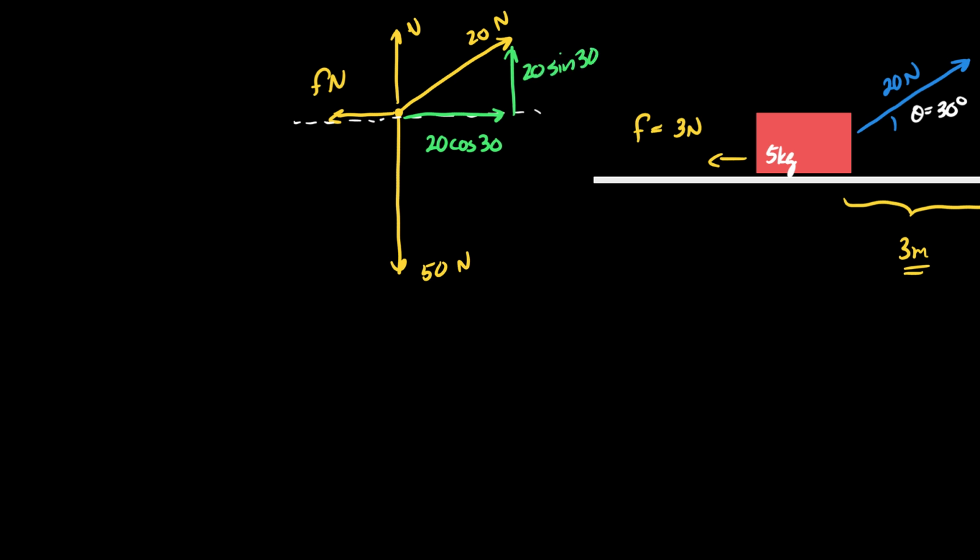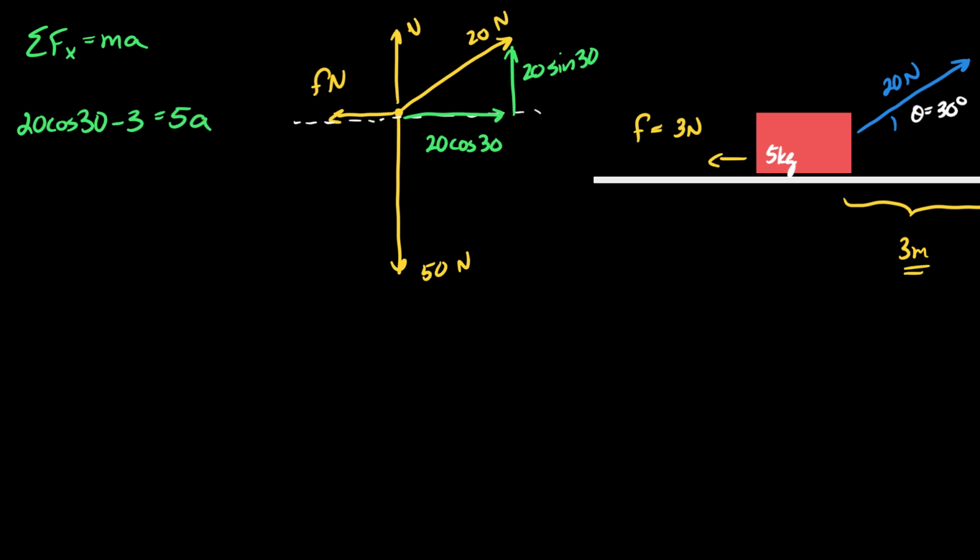And you would have had to decide whether this was a first law problem or a second law problem. Hopefully you would have decided that, in the x direction, it's a second law problem. You guys remember all these steps? Now, this would have given us, say, 20 cosine 30 minus 3 equals 5a.